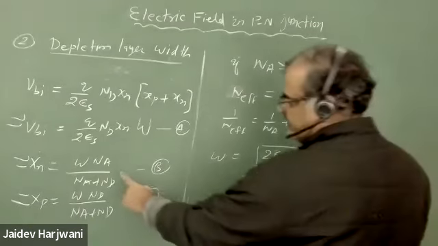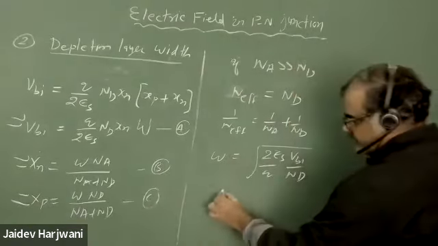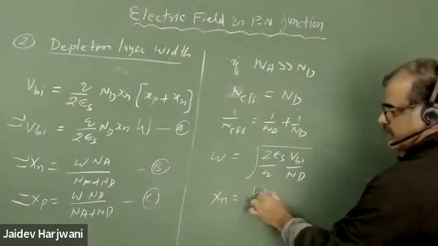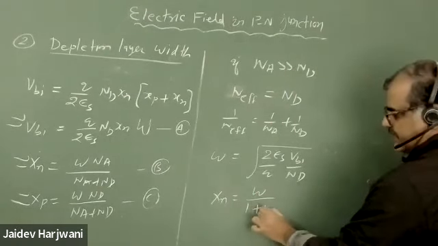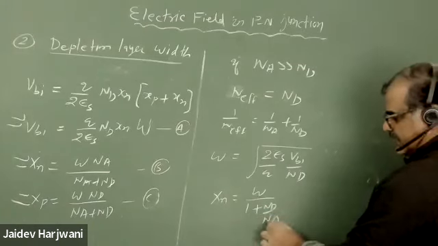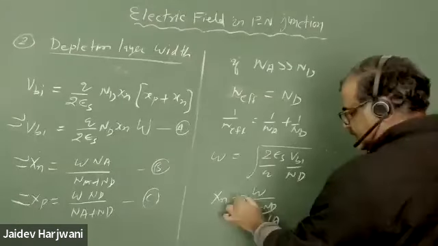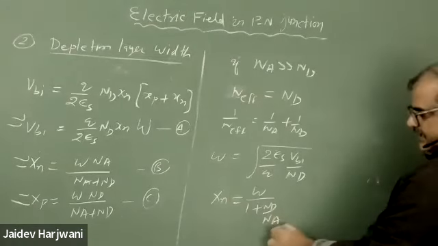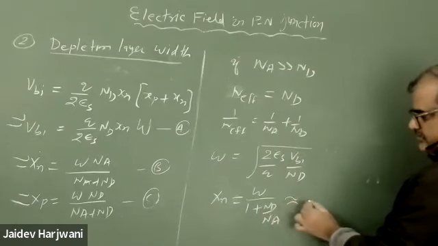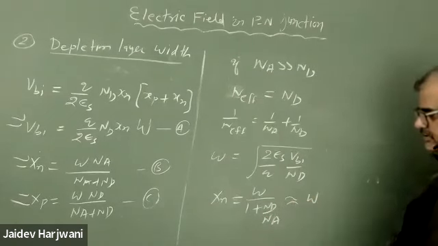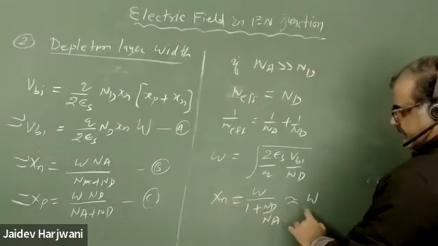Similarly, if Na is very high, Xn becomes W over 1 plus Nd upon Na. Now, if Na is very high, I can neglect this compared to 1, so this almost becomes W. That means Xn becomes your W.